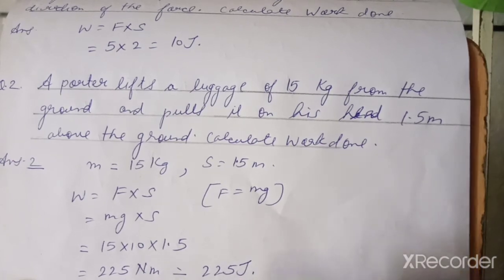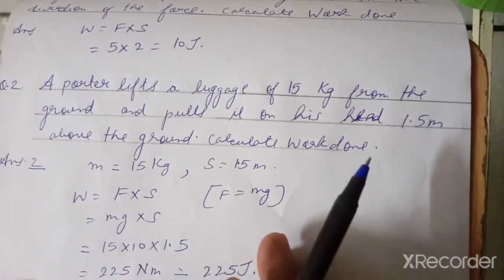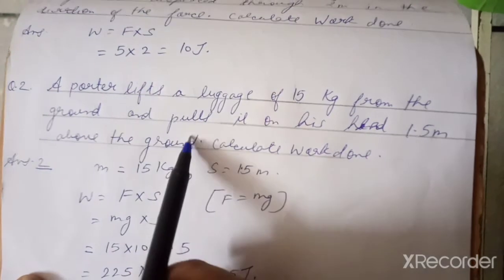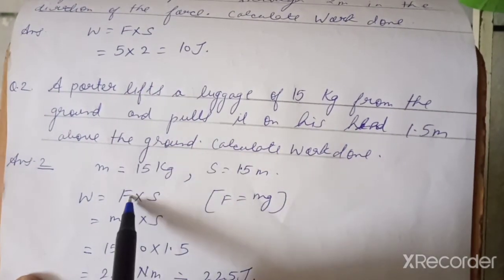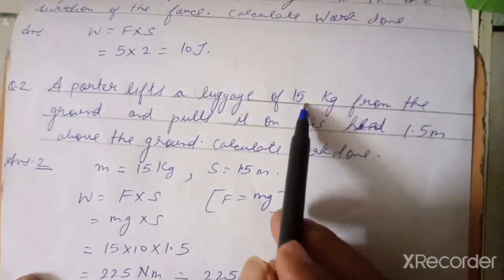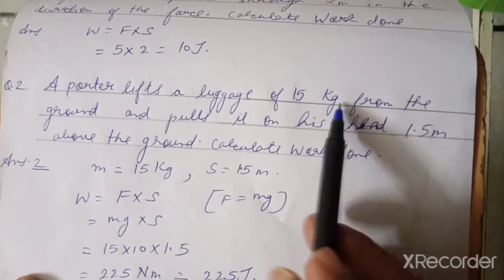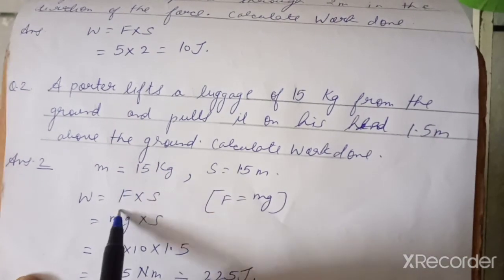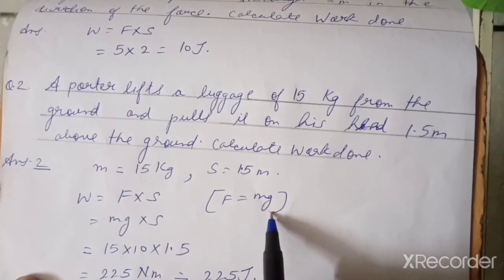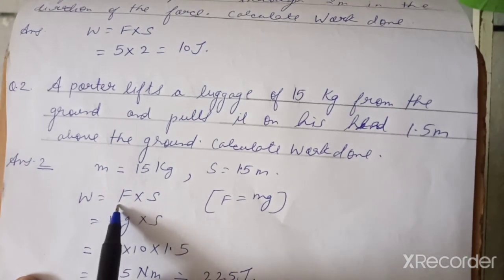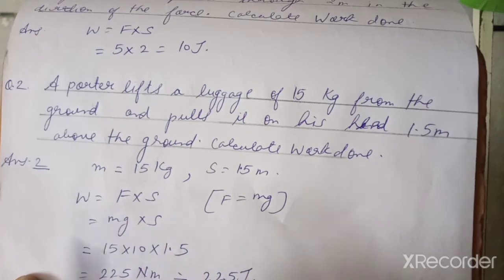In this case you have to remember, in the previous question the force was directly given. Sometimes in a numerical the force is not given directly; they will give you the mass and the height or the distance from the ground. According to Newton's second law, F equal to m into g, so this value can be substituted in place of F, and we can easily calculate the work done.